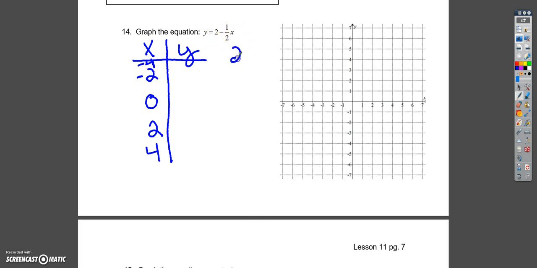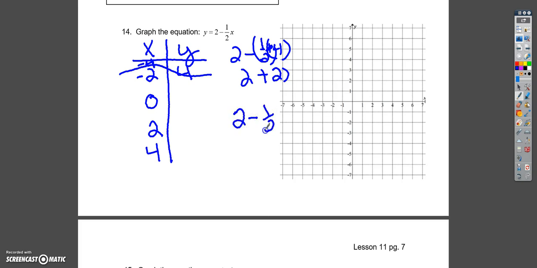So 2 minus half of -4, so 2 plus 2 would be 4. Two minus 1/2 times -2 is going to be 2 plus 1, which is 3.